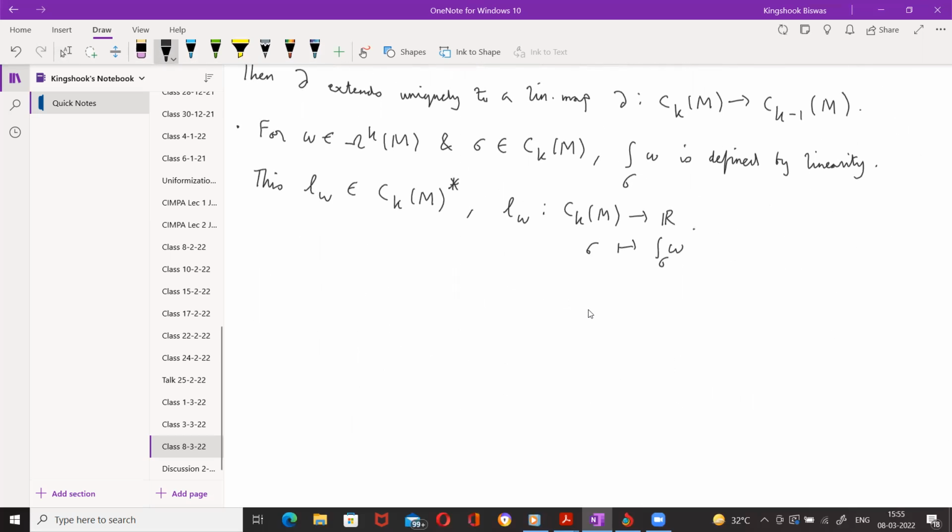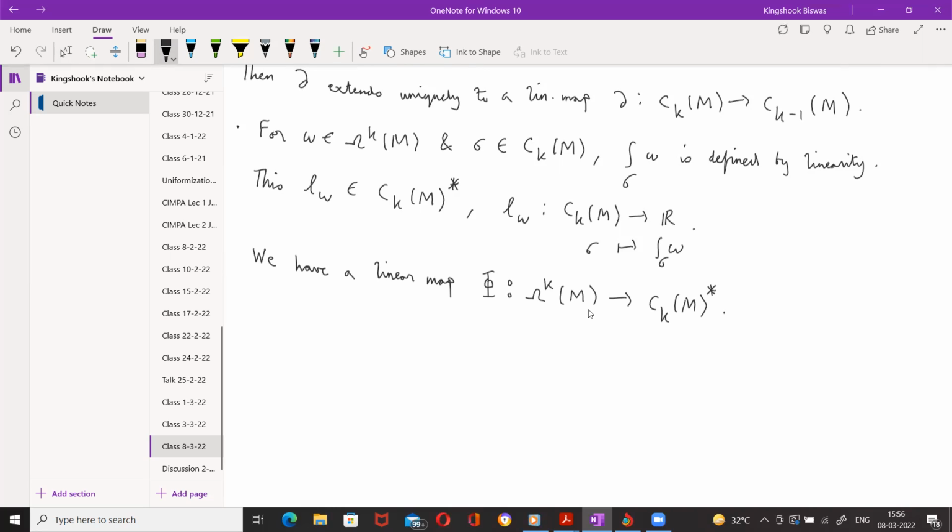So we have a linear map phi from Omega^k(M) to C_k(M) dual. The dual of these k chains are called cochains.